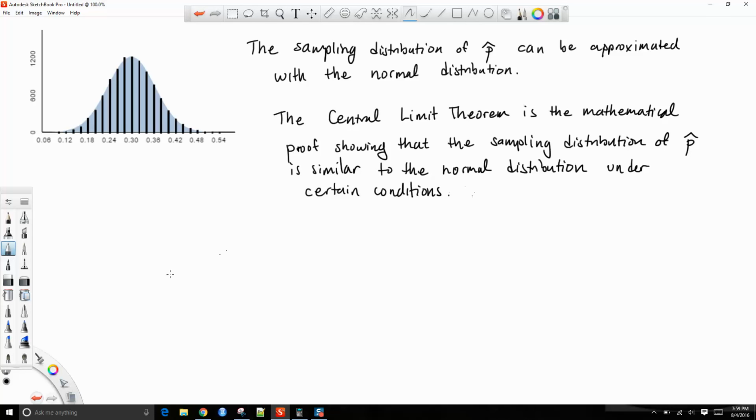Okay? And all normal distributions have a mean and standard deviation, okay?